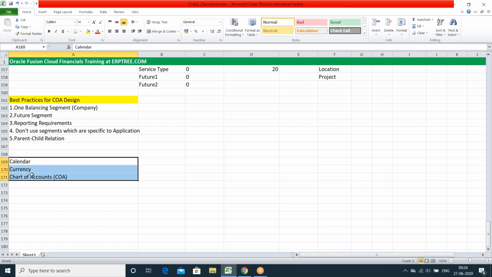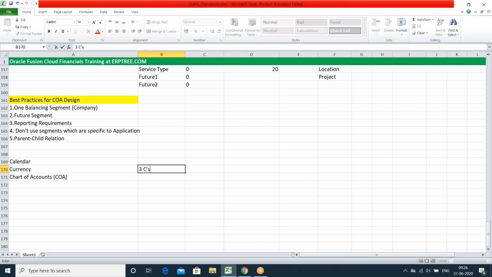Now these three we require to record the transaction. So instead of saying we need calendar, currency, chart of accounts to record the transaction in the system, simply you can say we need 3 C's. 3 C's means calendar, currency, chart of accounts.